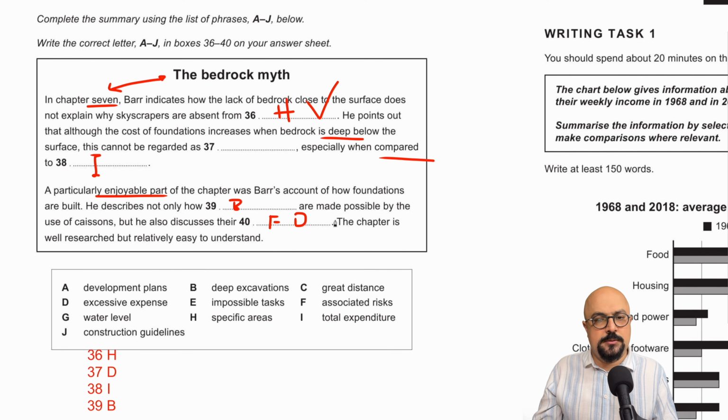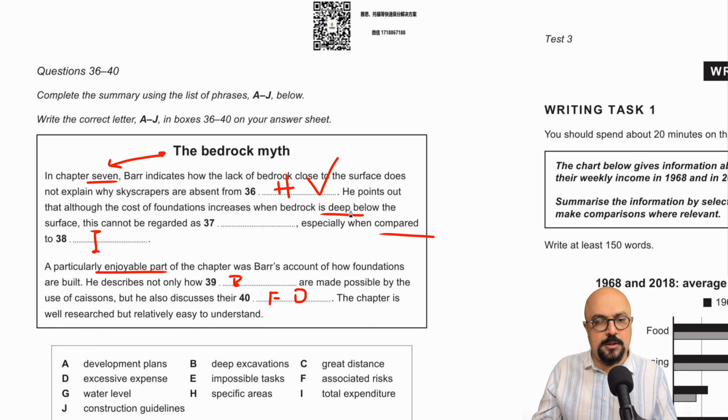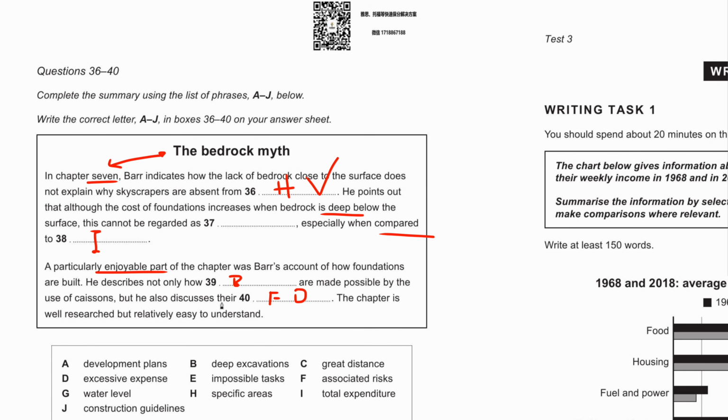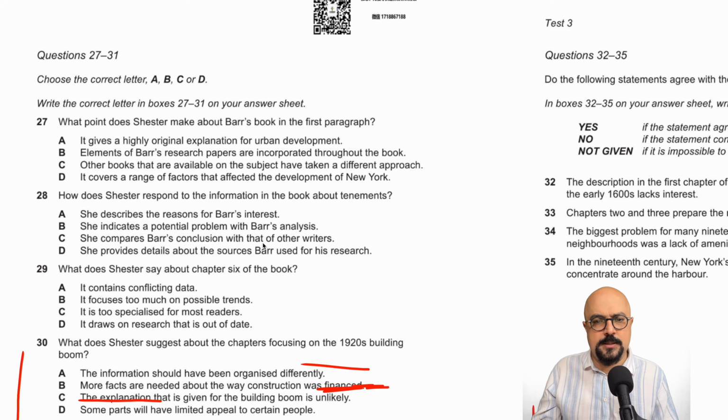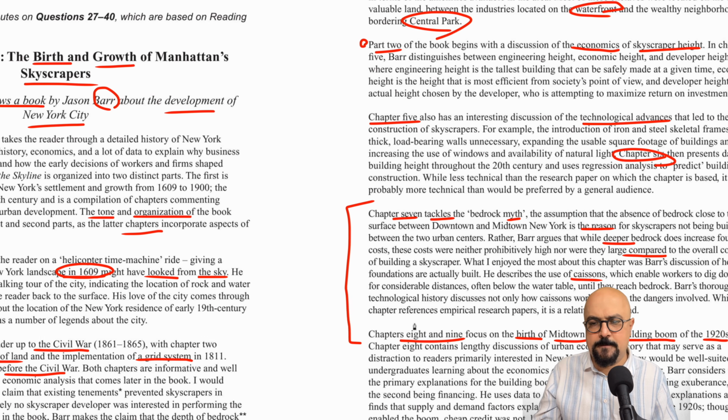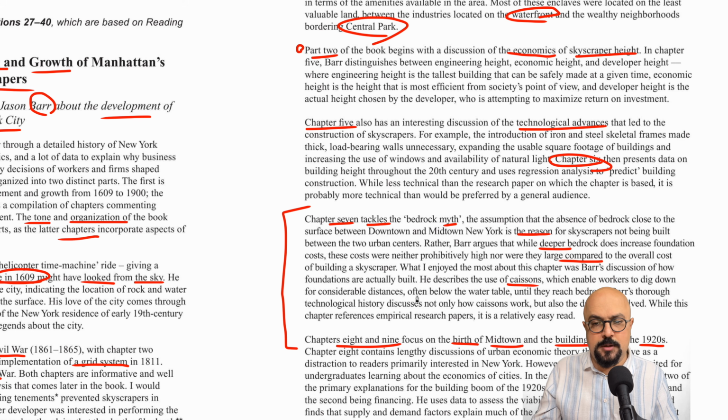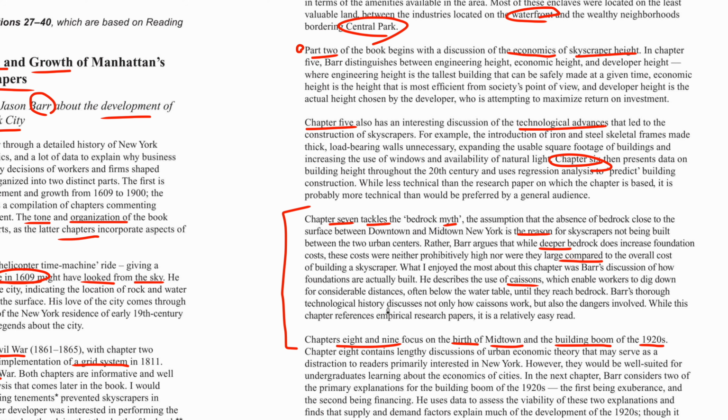And 40. He also discusses their what? It's about the excavations. So let's see. Often below the water until the region borrows through technological history, discusses not only how they work, but also the dangers involved.